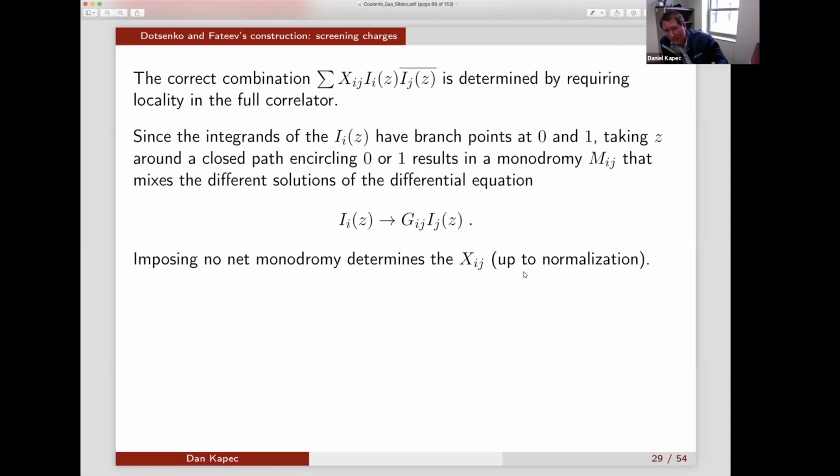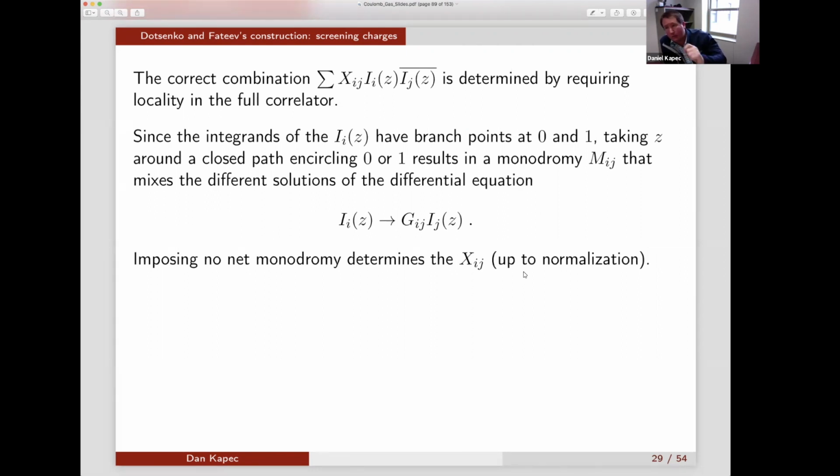And the correct combination is determined by requiring locality, or the absence of monodromy, when you put the whole thing together. In this case, if you take the point z around 0 and around 1, you will generically generate monodromy. It will mix the different functions. In this case, the monodromy around 0 is diagonal, so you know that X has to be a diagonal matrix.